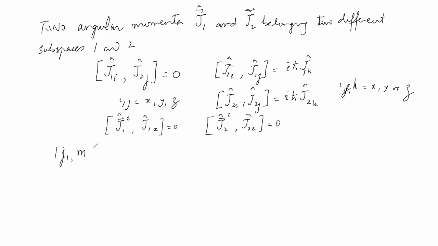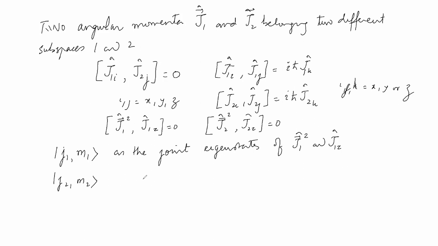Say I am writing |j1 m1> as the joint eigenstate of J1 square and J1z.